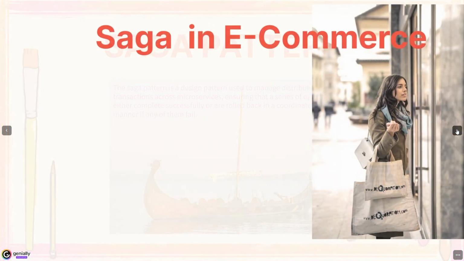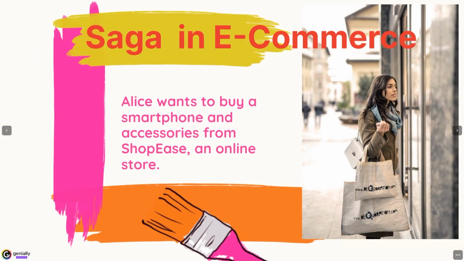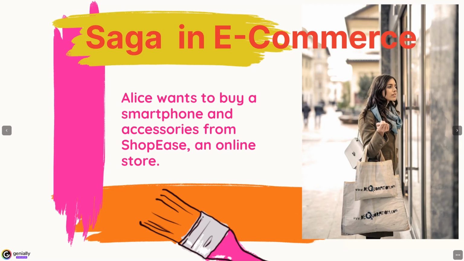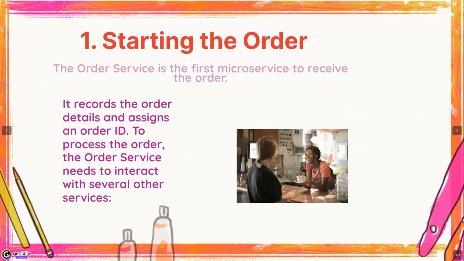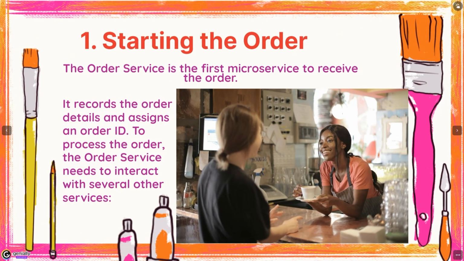So, according to our scenario, Alice wants to buy a smartphone and accessories from the ShopEase store. It is an online store. Here is how ShopEase handles her order using the Saga pattern. First of all, starting the order.